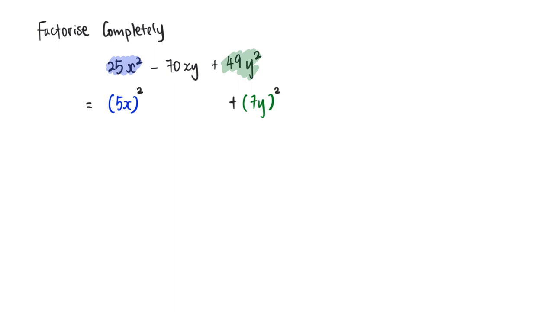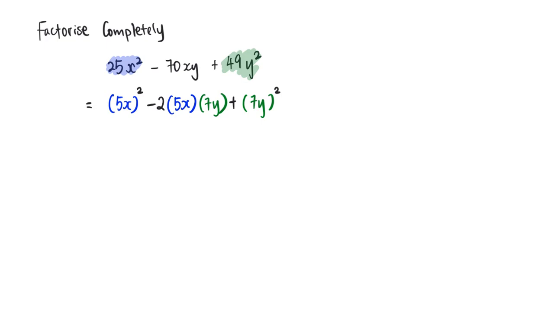And then I realized I could rewrite 70 as 2 times 5x times 7y. And why does Mr. Tan purposefully write in this form?